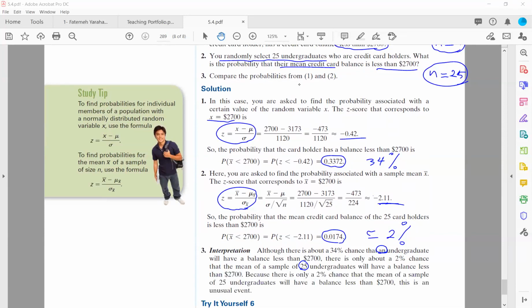Because there is only a 2% chance, this is an unusual event.